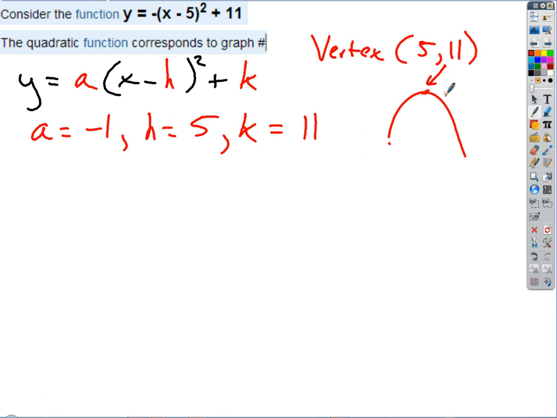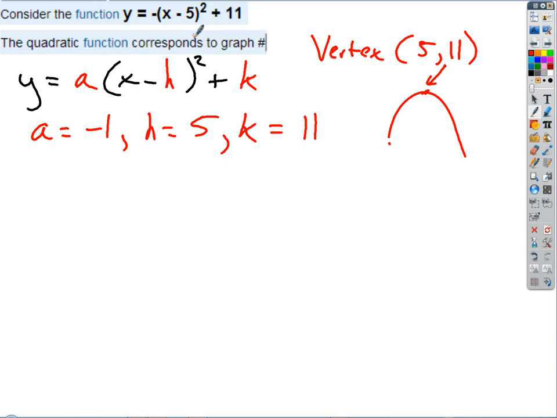Why is h positive? Well, look at the standard form. It says x minus h squared. So x minus 5 would have to be it, right? Because we're subtracting h from x. h is the number being subtracted from x. So what's the number in this equation that's being subtracted from x? 5.